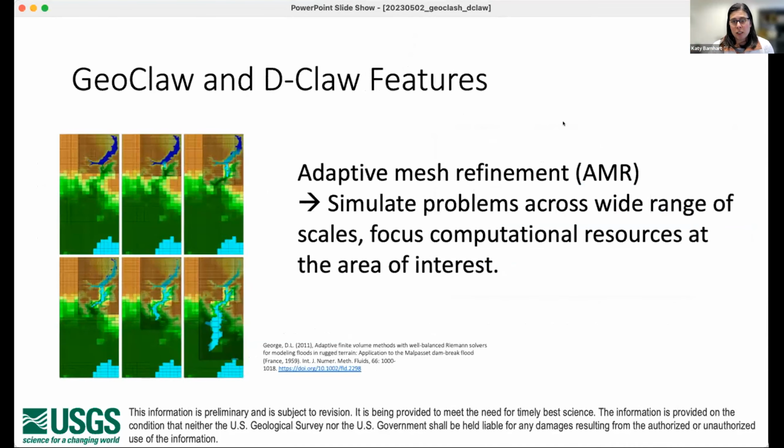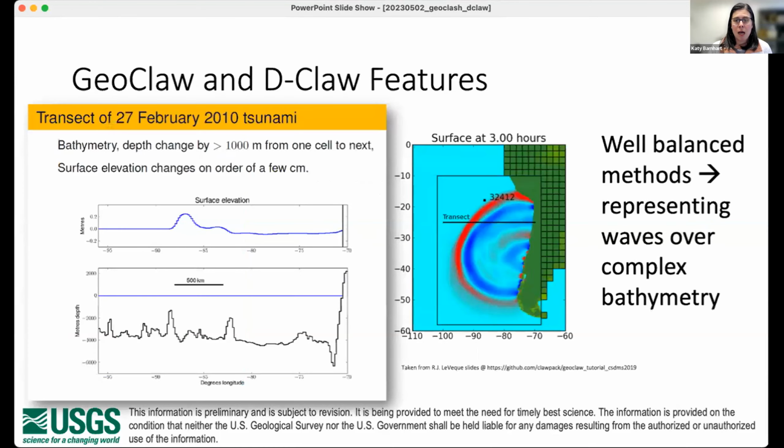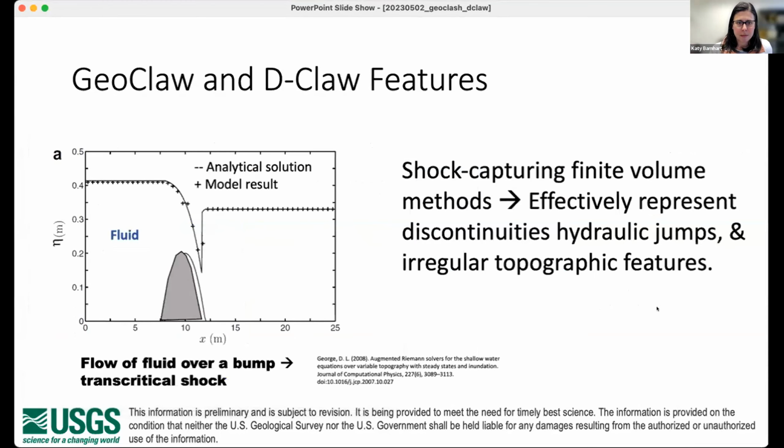So what are some features? One of them is adaptive mesh refinement. This allows for the simulation of problems across a wide range of scales. The computational resources are focused on an area of interest. DCLAW and the other GeoClaw related codes use well-balanced methods, which are important for things like tsunami modeling and reflecting a flat ocean over very complex topography like that shown here from a tsunami application.